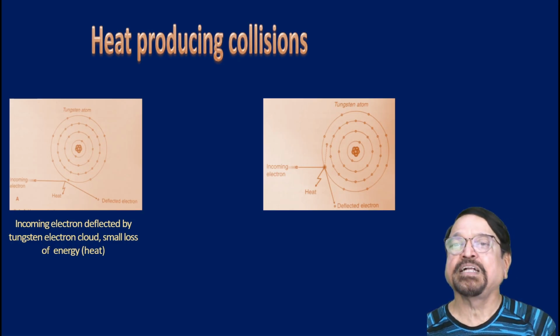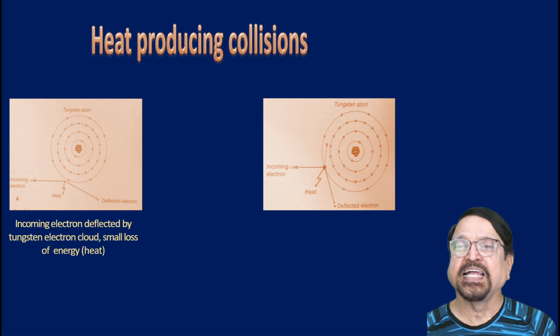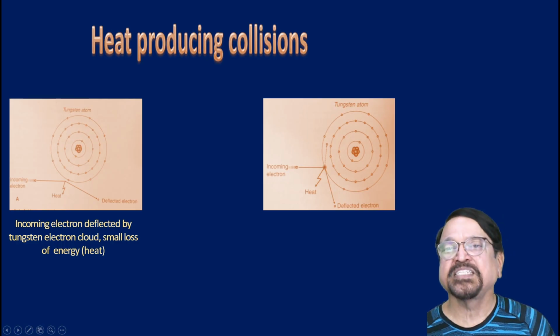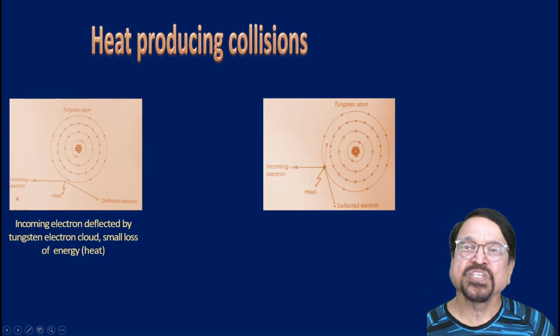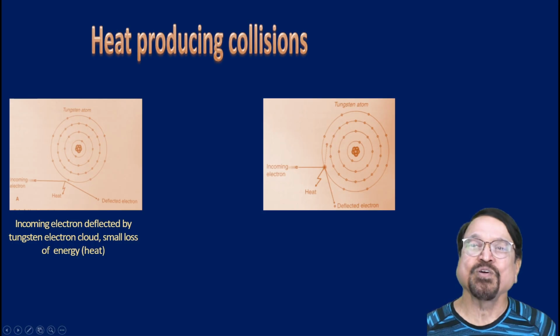Now there are multiple effects occurring. We have seen about X-ray production, but heat production is the topic of this particular part of this lecture. So here the incoming electron is deflected by the tungsten, and that causes a small energy loss because that is not of use.